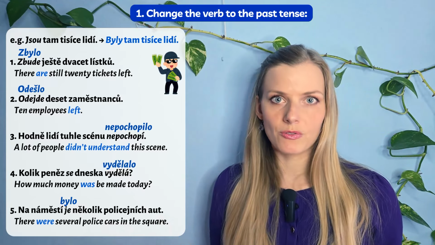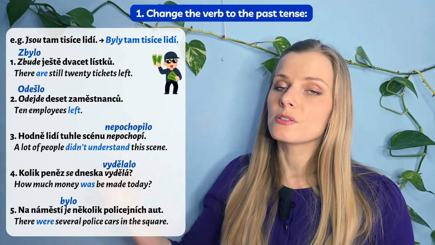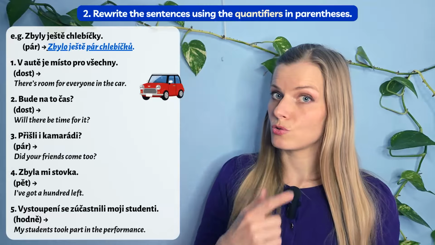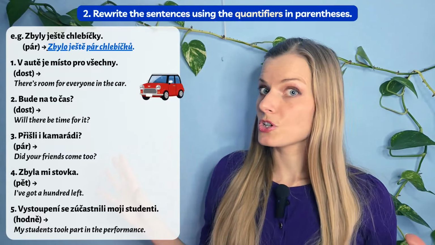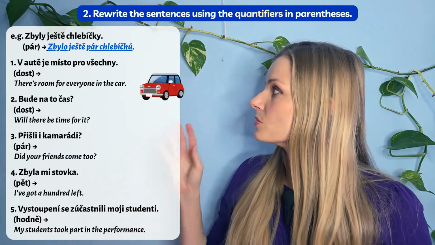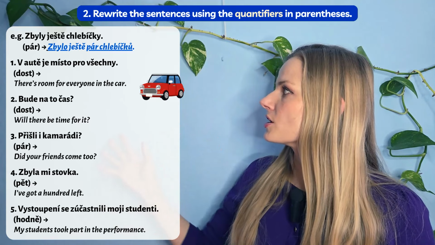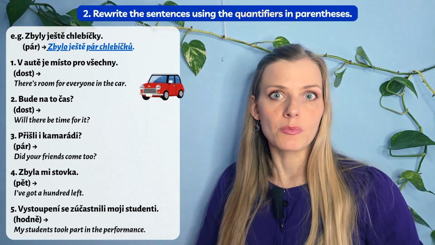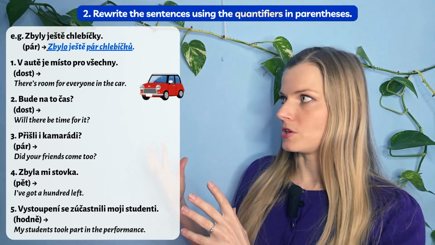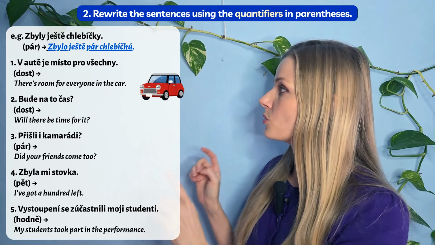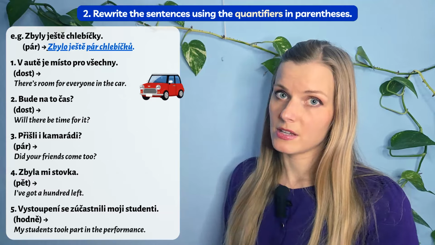Okay, so far so good, right? The verb was in the singular form and in the neuter gender. Now, time for exercise 2. This might be a little bit more challenging. You are going to change these sentences and use quantifiers. Make the change according to the example. For example, we have zbyly ještě chlebíčky, and you will use the quantifier that's in the parentheses.